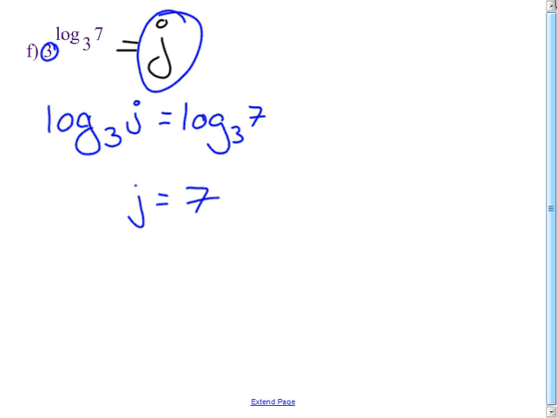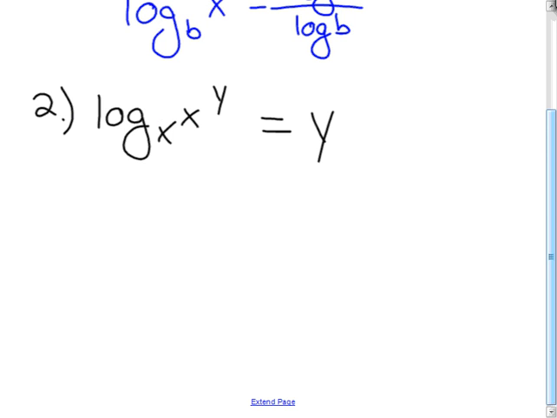Because the base of my exponential and the base of its exponent, which is a log, are the same, my answer is the argument. This is shortcut number 3. So x to the log base x of y just equals that argument y.